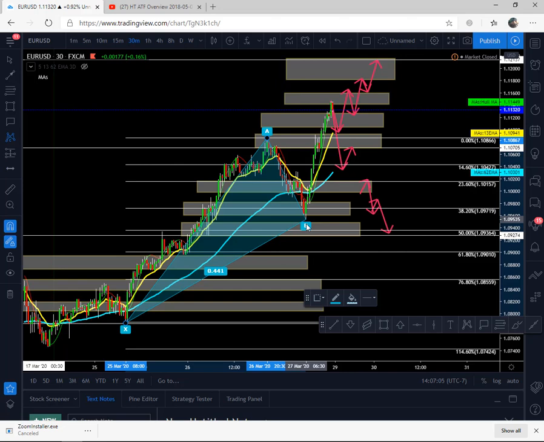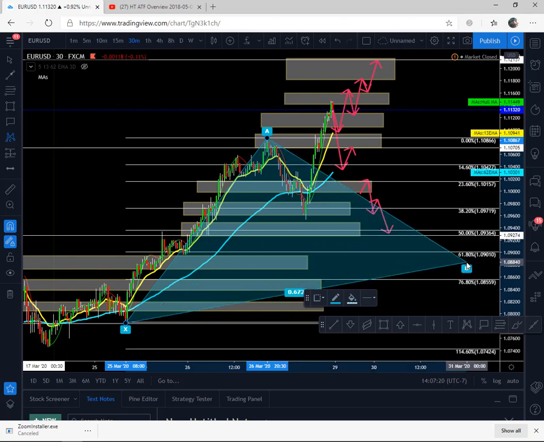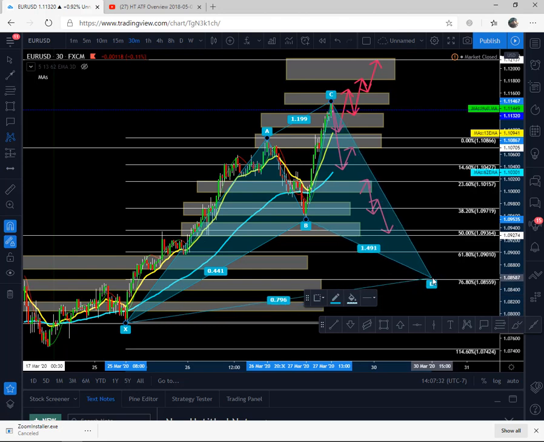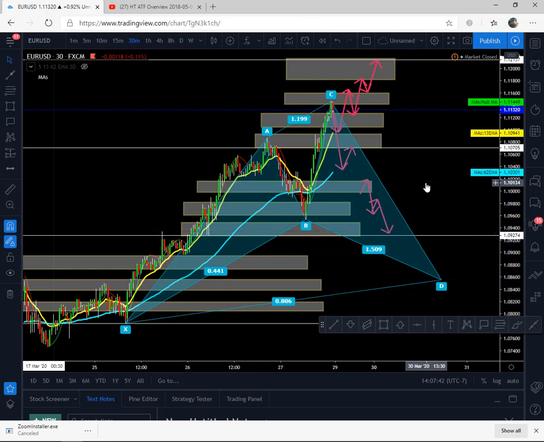So the minimum for the cipher on that B point is no less than the 38.2, but cannot exceed the 61.8, which we meet this criteria. And the D point terminates at the 78.6, depending on that C point.